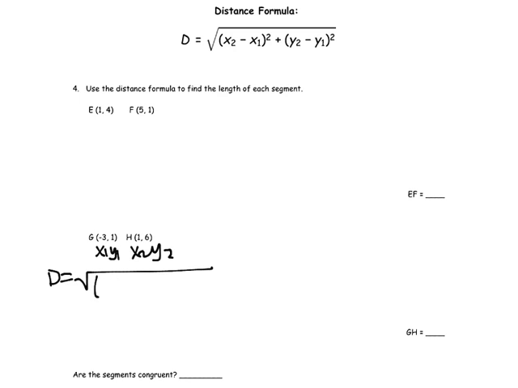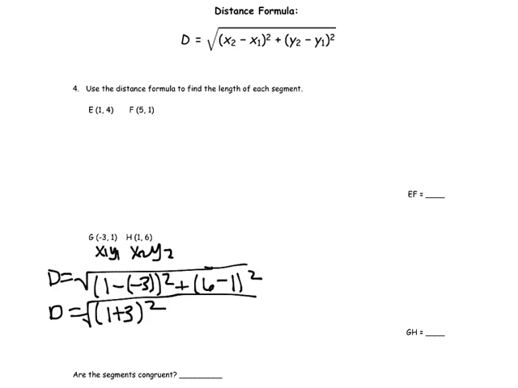Start my parentheses: we have 1 minus a negative 3 squared plus y2, which is 6 minus 1 squared. All right, so let's simplify our radical. A negative times a negative is a positive, so this is actually 1 plus 3 under here.